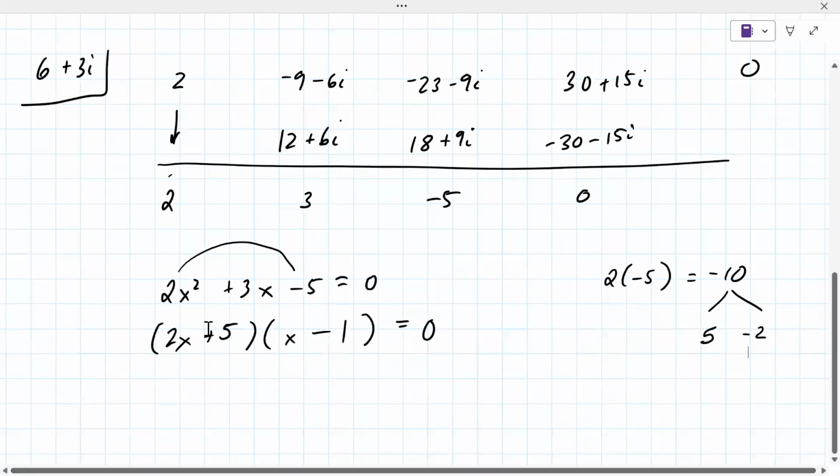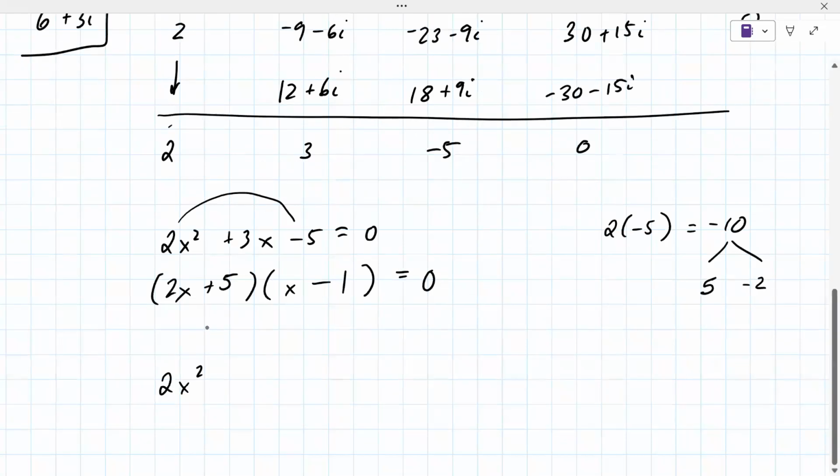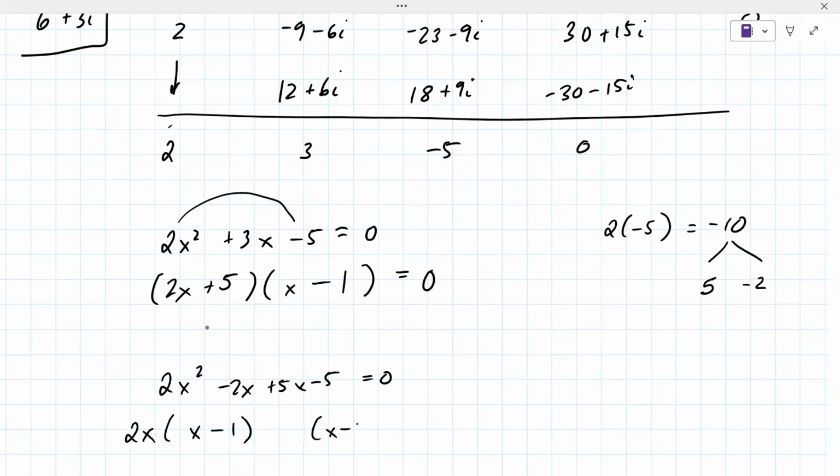And then you split apart the 2x squared. As you know, it becomes minus 2x plus 5x minus 5. And that's when you can factor out the 2x from both, and then put the plus 5 there. And you can see that you get back to this. Is that okay? Yeah, great.